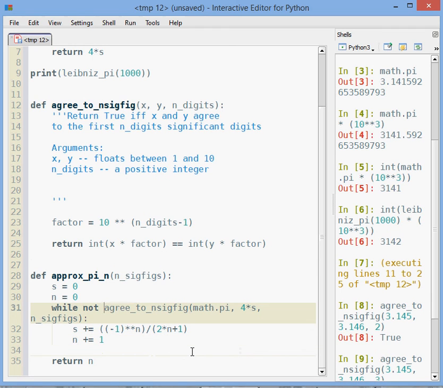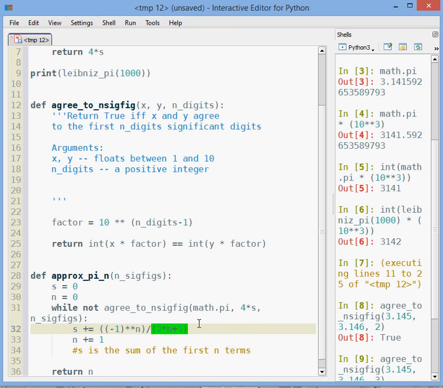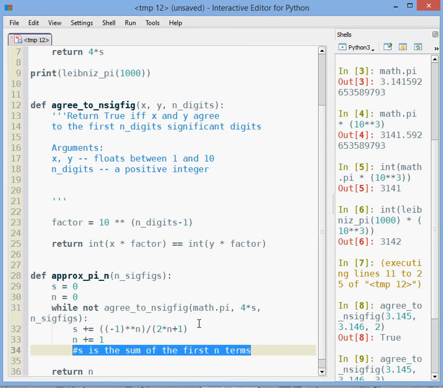So here we're saying we start out with n equals 0. We add 1 to n every time. So at this point, s is the sum of the first n terms. Because think about it this way, you add the first term with n equals 0, and then at the end of the loop, s is the sum of the first n terms.